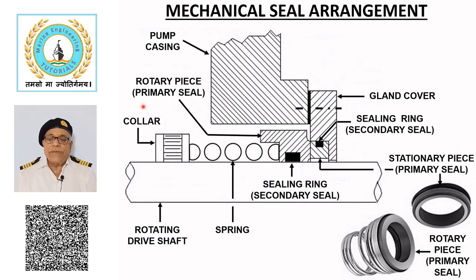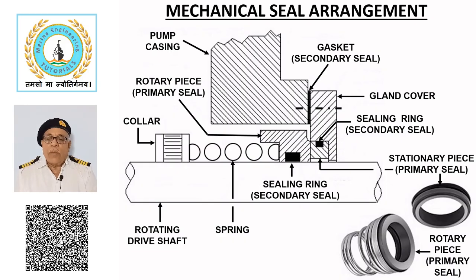A collar is fixed to the shaft which ensures that the rotating element remains in close contact with the stationary element under the action of spring. A fiber gasket is inserted between the pump casing and gland cover, which acts as a secondary seal to prevent leakage.